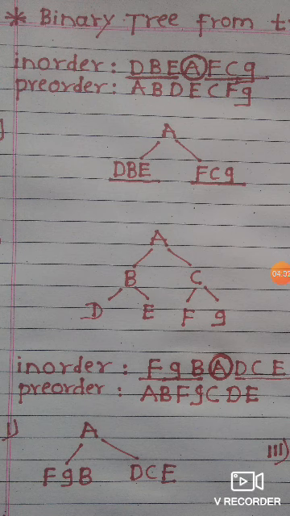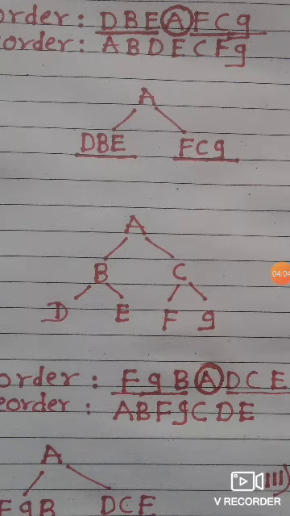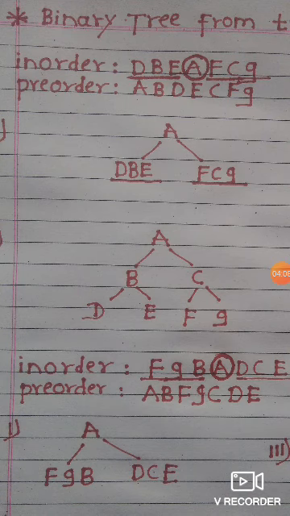Similarly, on the right-hand side, out of F C G, again I go to the pre-order sequence and I check which character appears first in the pre-order, and we can say that out of F C G, C appears first.